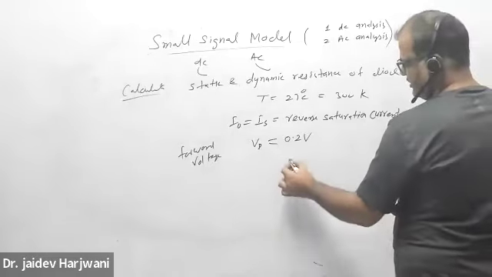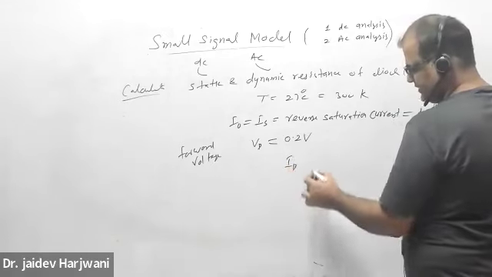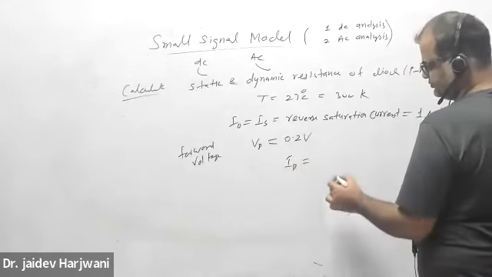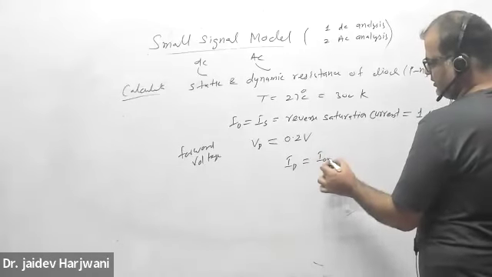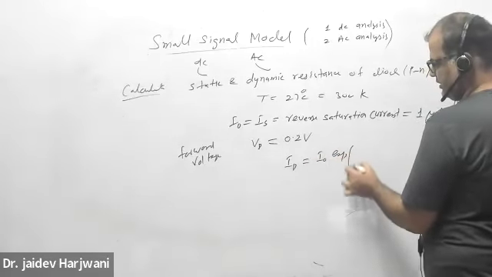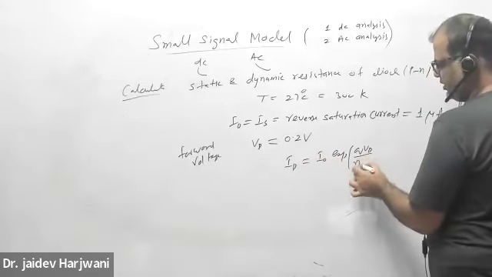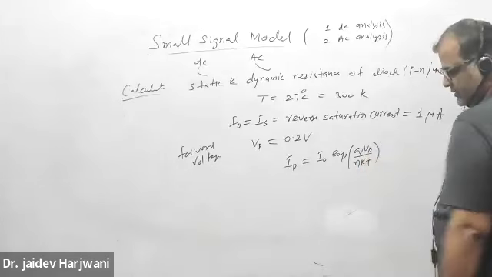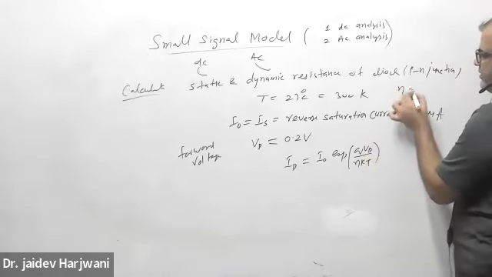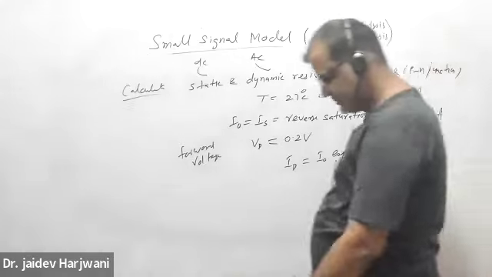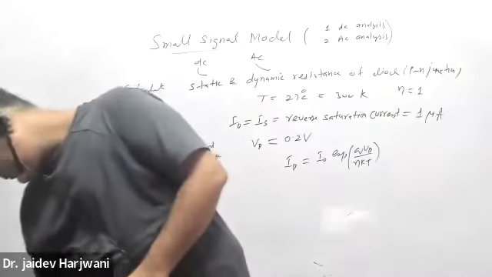Calculate. So the equation is ID equals I naught exponential QVD upon eta KT, and eta is given 1.